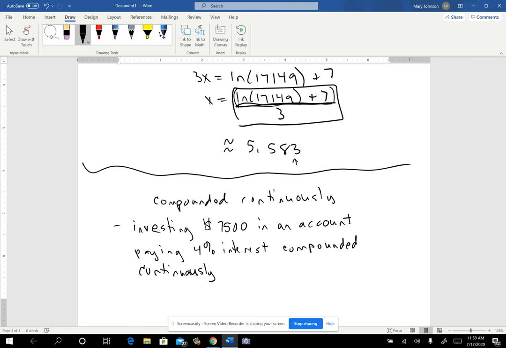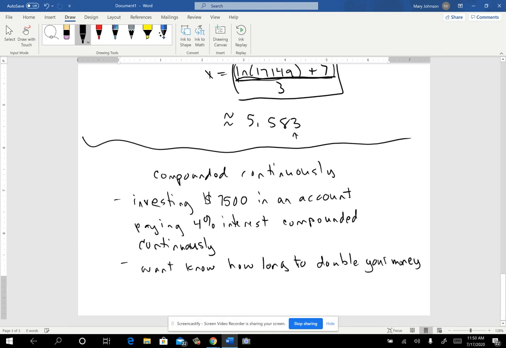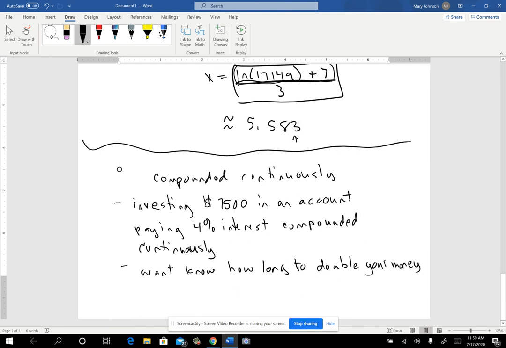So that's what you're doing. And you want to know how long would it take? How long to double your money? It's kind of like the third question on the project, okay? So let's try that one.